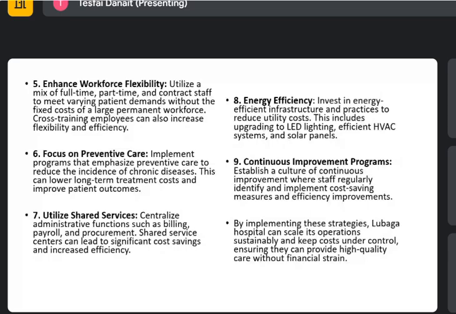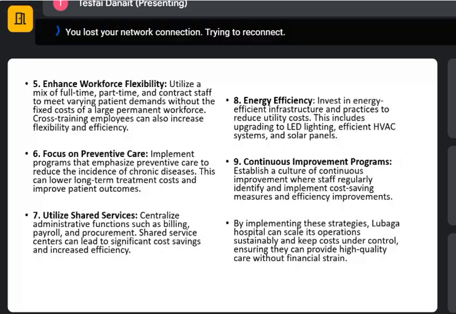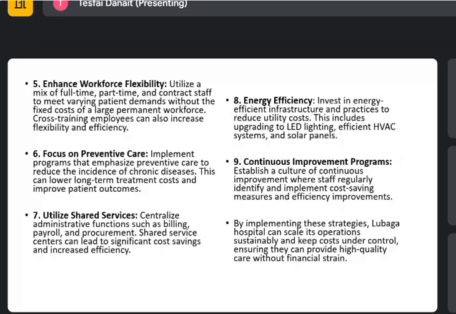Preventive care is important in order to reduce seeing more patients who are chronically ill. Shared service centers can lead to significant cost saving and increased efficiency.